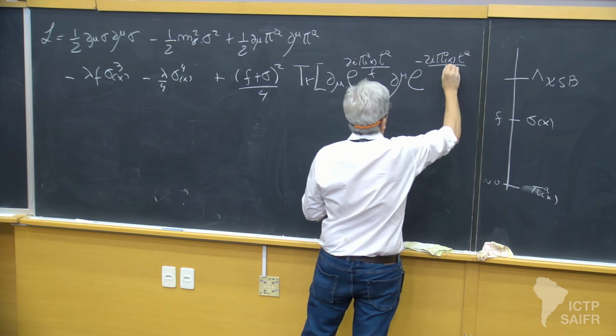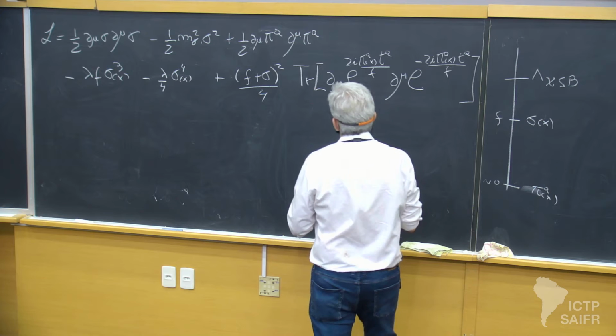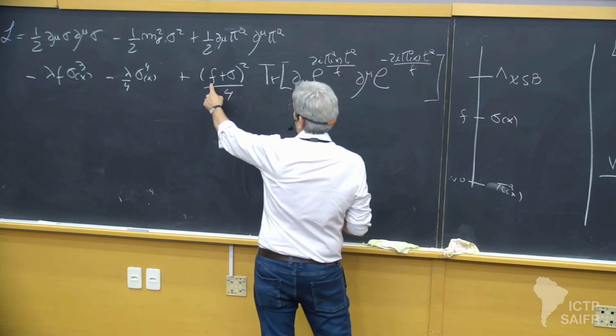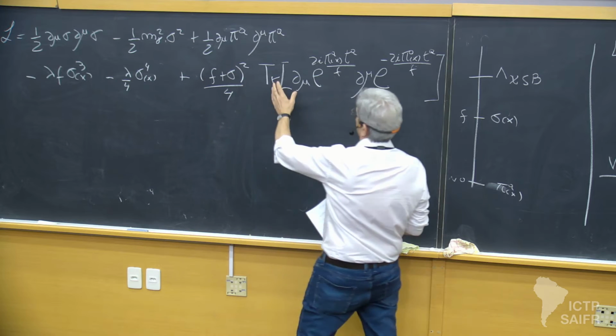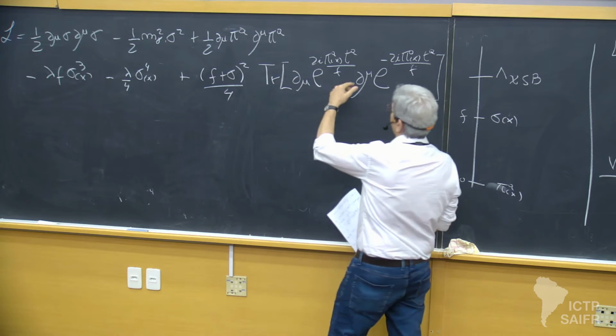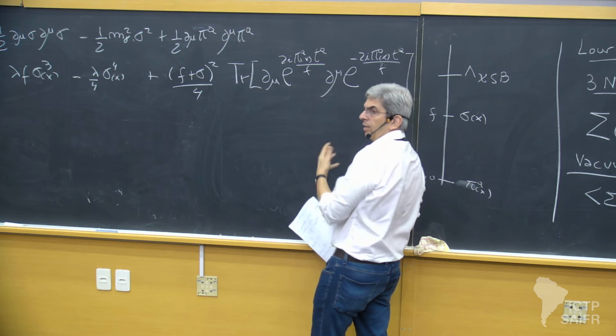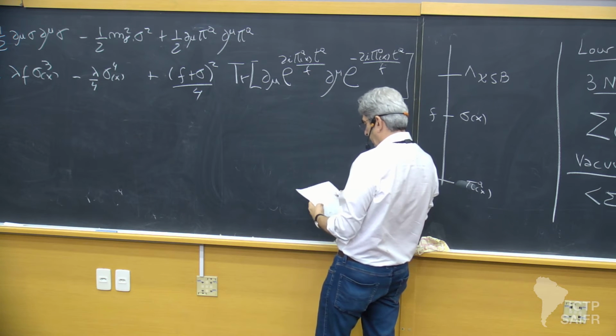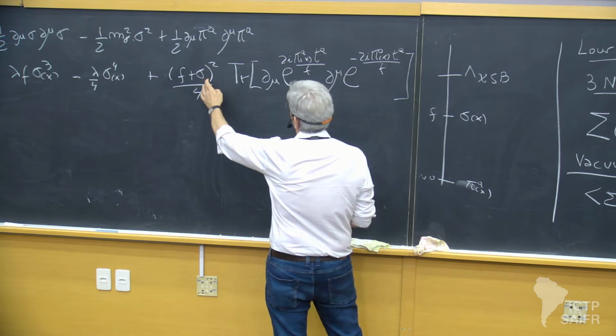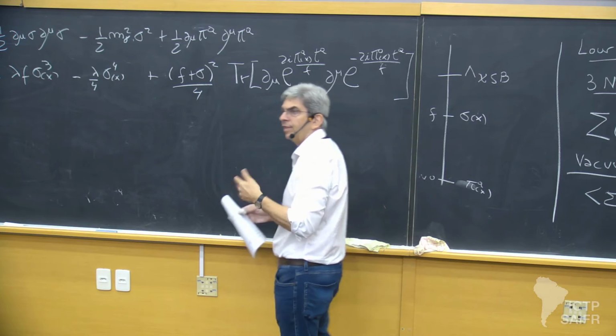The reason why I wanted to show you this is that from here, if I pick up the f in this square, so I get an f square, I get pion interactions. For example, I can get 4 pion interactions. If I pick up the sigma, then I'll get interactions of the sigma with the pi.